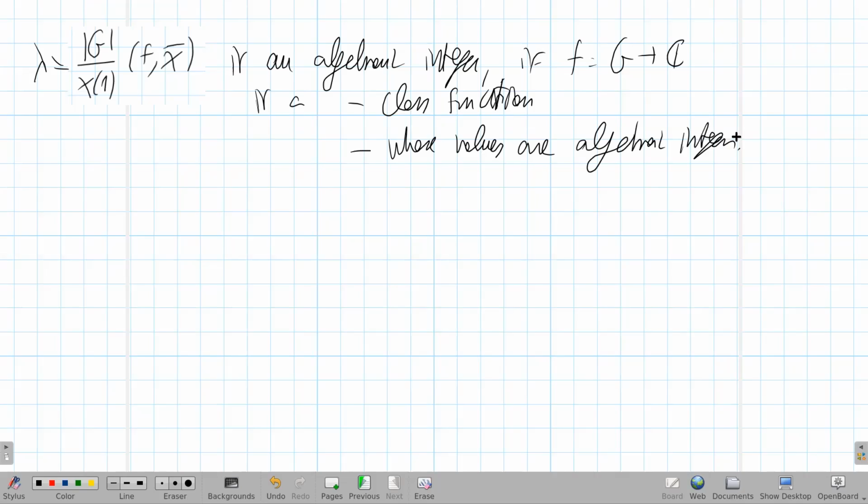So we are now going to take a special function of this kind. Let f be chi conjugate. A word about that in a second. I claim that this is an irreducible character. First of all, is this a class function? Yes, this is a class function, like all characters.